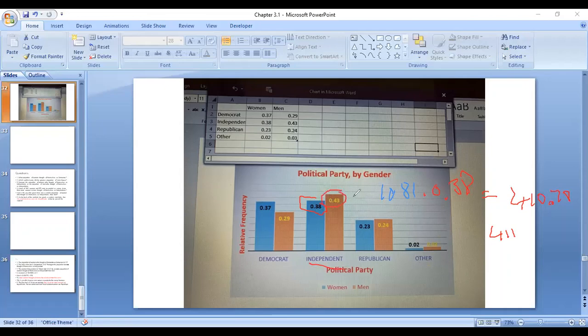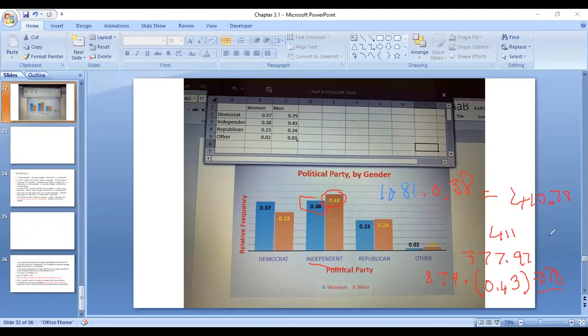And the men, we have 879 people, and you multiply by 0.43. 879 multiply 0.43. You get 377.97. So the round is 378.